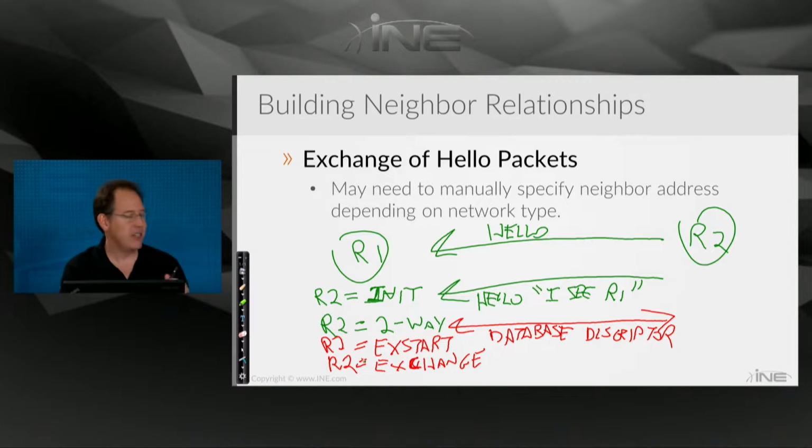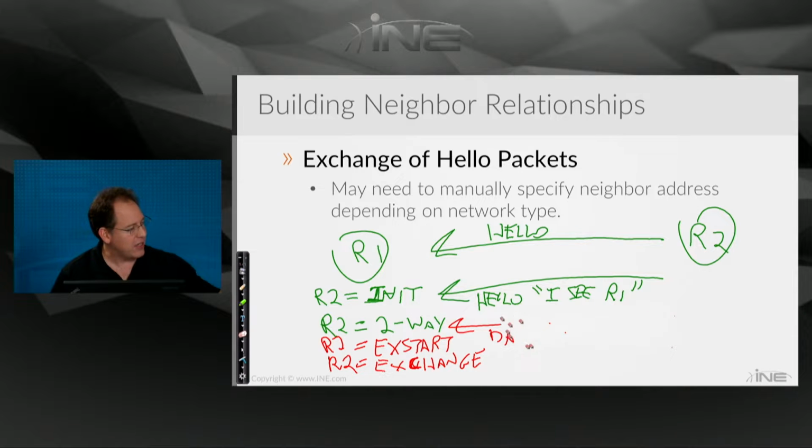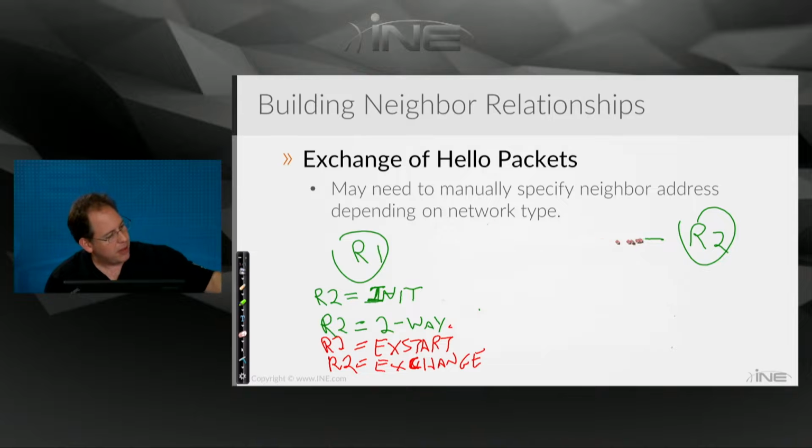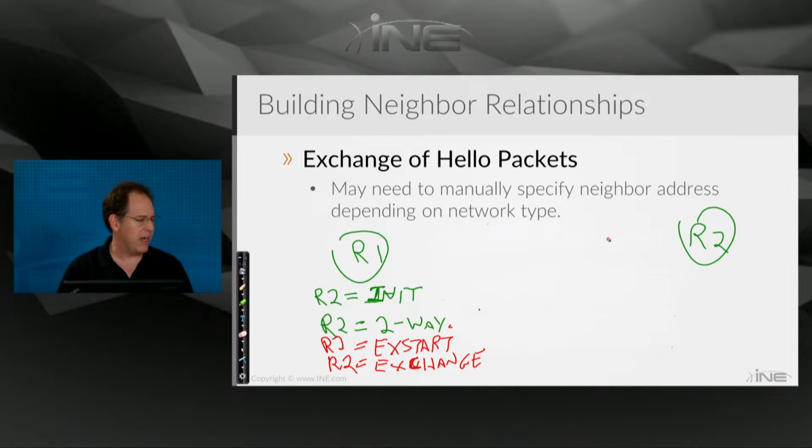So now I have to erase some stuff to make some room. So after the database descriptors are exchanged, and we discover that we're missing some stuff, that your database is not the same as mine, then at that point, I'm going to say, okay, you've got some link state advertisements that I don't have. I would like to have them.